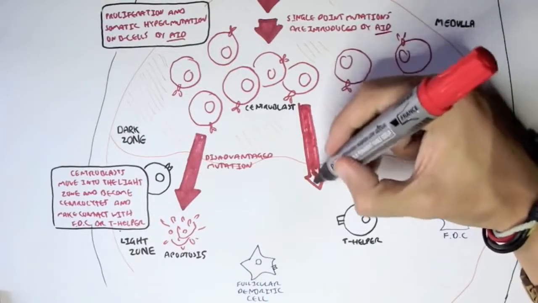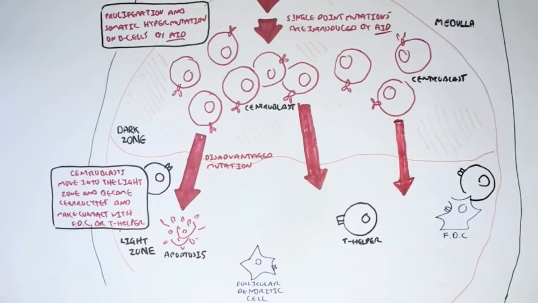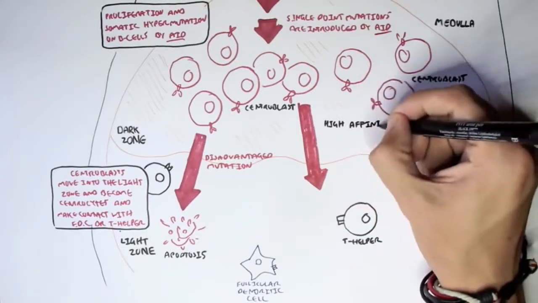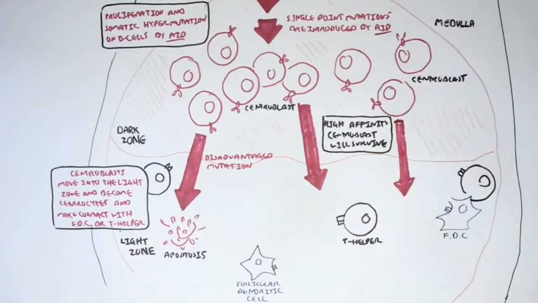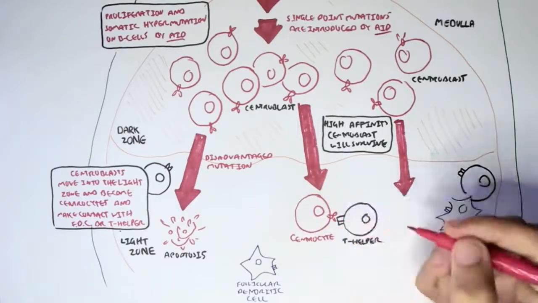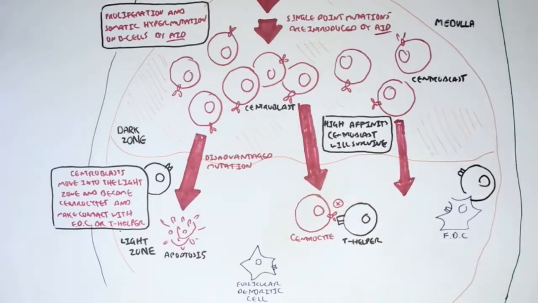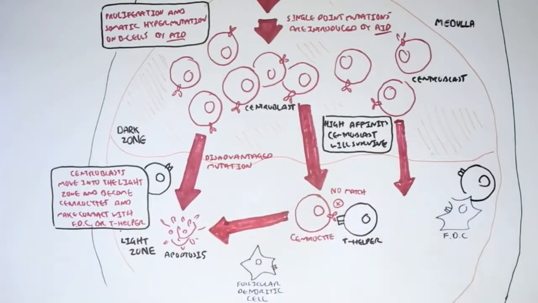Now a rule is that centroblasts that, through hypermutation, obtained a higher affinity antibody will survive. And so, for example, this particular centroblast's antibody does not recognize the antigen on the T helper cell. There's no match. And so this centroblast, now a centrocyte, once it's come into the light zone, will be destroyed through apoptosis.